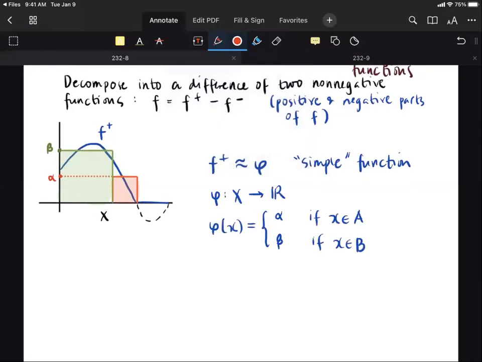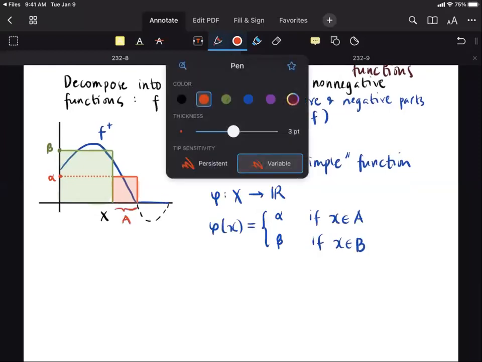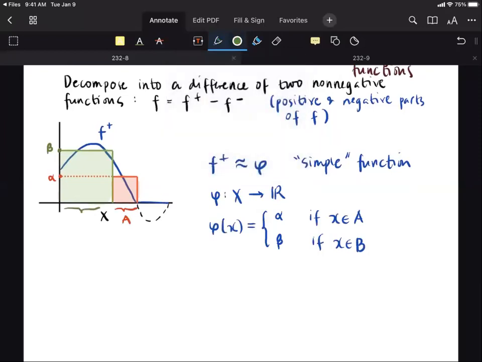So in this case, this would be your set A, and this would be your set B. If x is in A, then you have the value alpha. If x is in B, then you have the value beta.